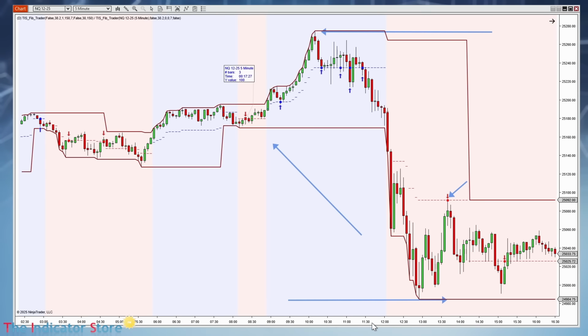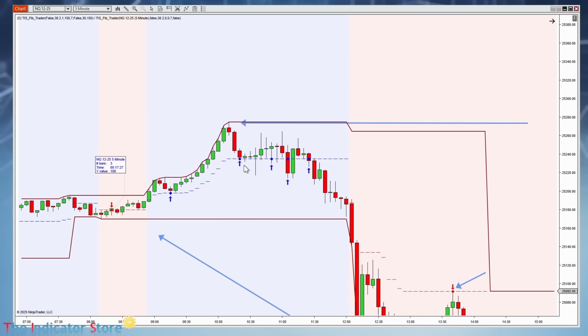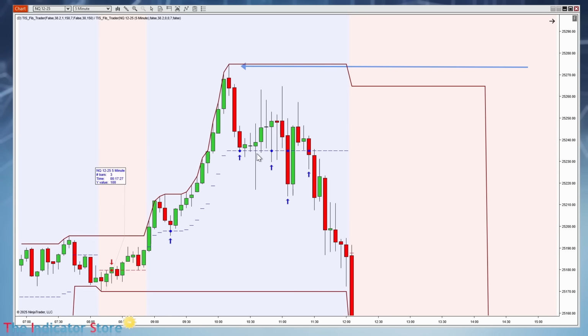Now, if we look at all those entries here, not all of them are closing in the direction of the trend because they are touching the entry level. But this one has touched and closed in the direction of the trend. So this is okay.